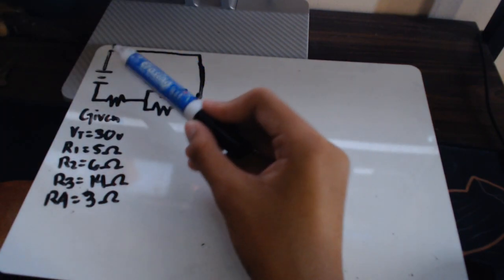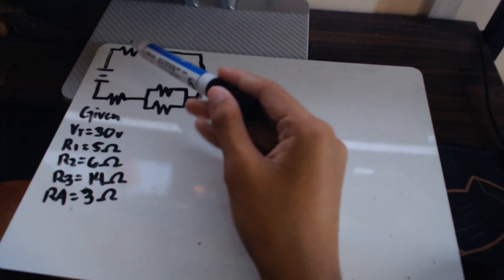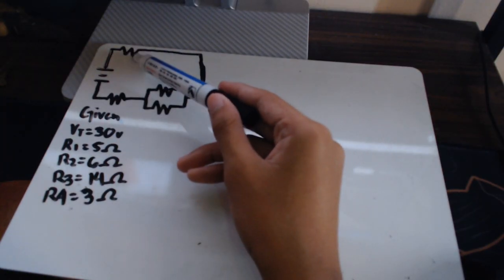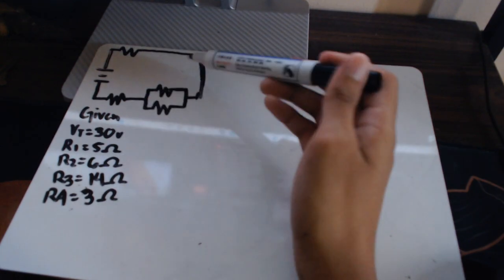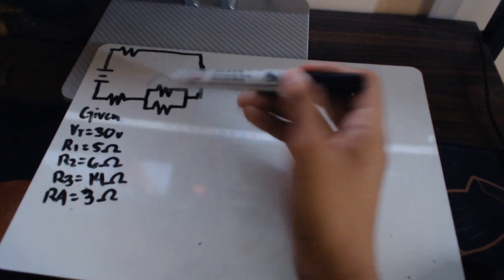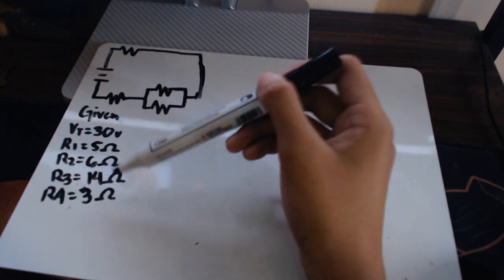The voltage is 30V. The resistor 1 is 5 ohms. The resistor 2 is 6 ohms. Now the R3 is 14 ohms and the R4 is 3 ohms.